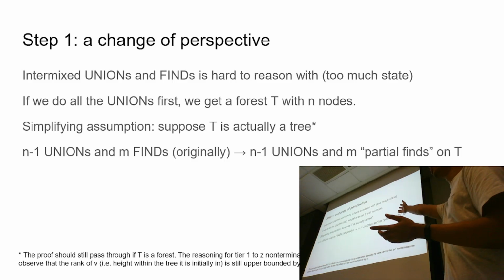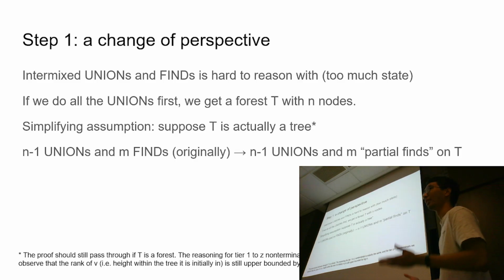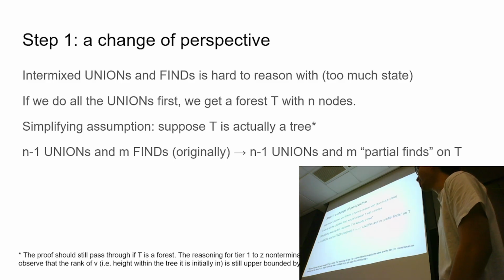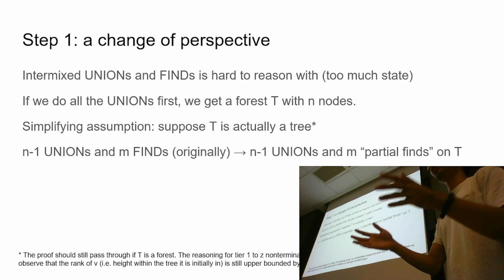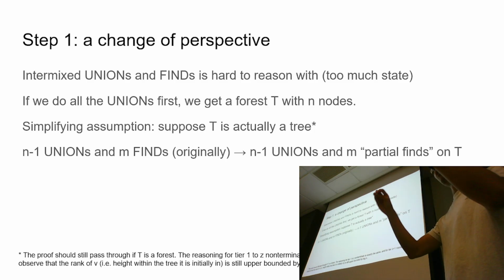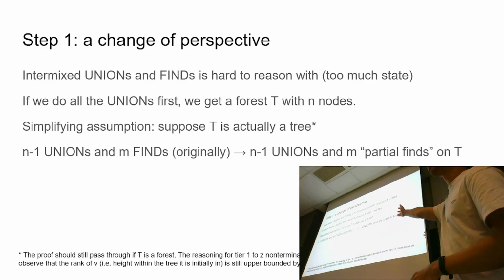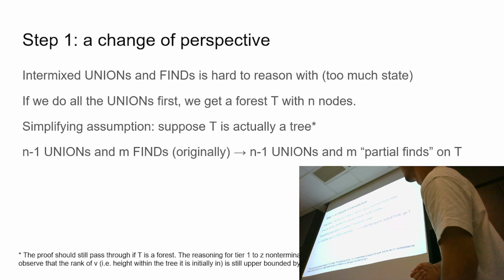And every time we perform a find with path compression, we are also changing the state. So there's a lot of state to keep track of. But suppose we lumped all the unions together at the start. Then we first get a connected forest with n nodes. I'll just assume that the forest is actually a tree, because that's what the paper assumed.